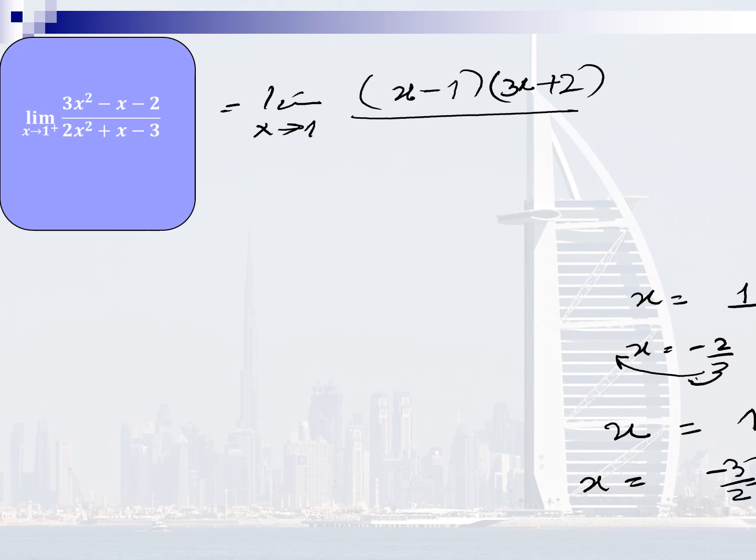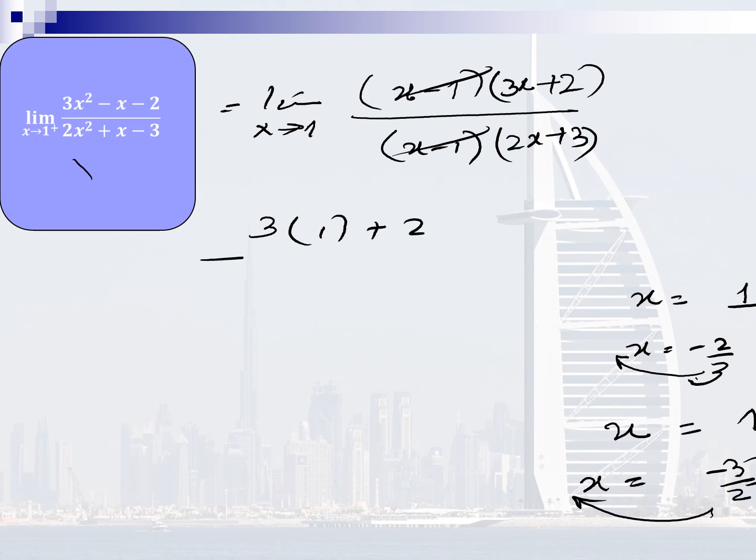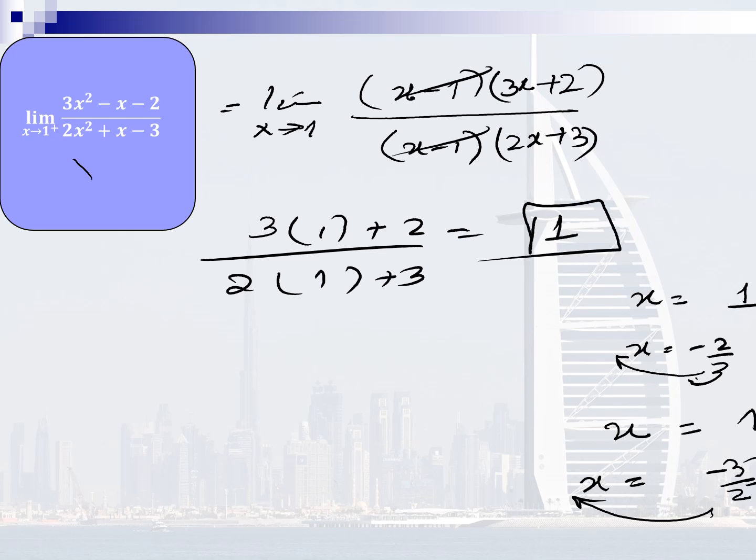So x equals 1 means you are going to write it as x minus 1, and this 2 will come over here. So you will write 2x, change the sign, so minus changes into positive 3. Now x and x cancel, apply the limit. So 3 times 1 plus 2 and 2 times 1 plus 3. So it will give you the answer 1 because 5 over 5 gives you 1.